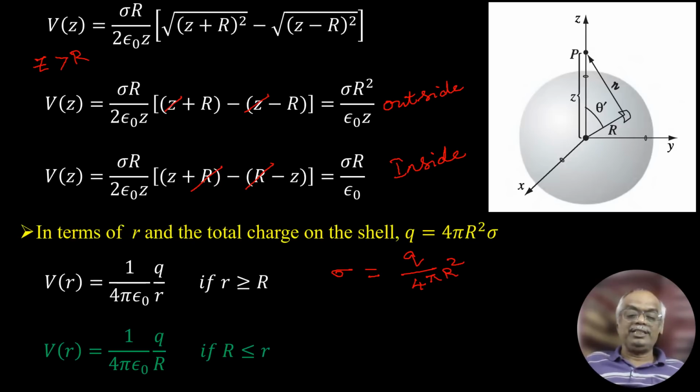That is, r is less than the capital R. Then you have to use, that is inside. Sigma you know is equal to Q divided by 4 pi R squared, and here you have R epsilon naught.